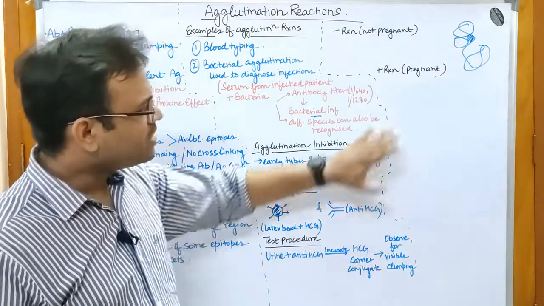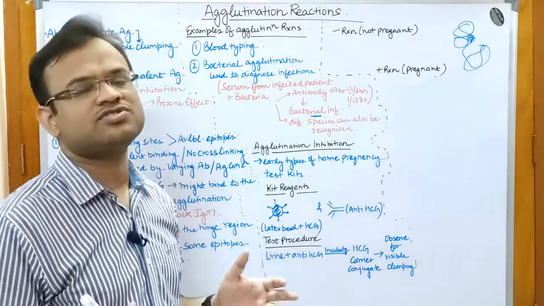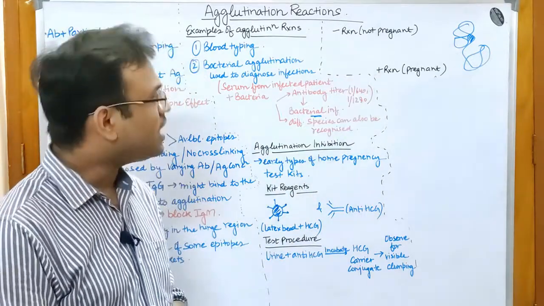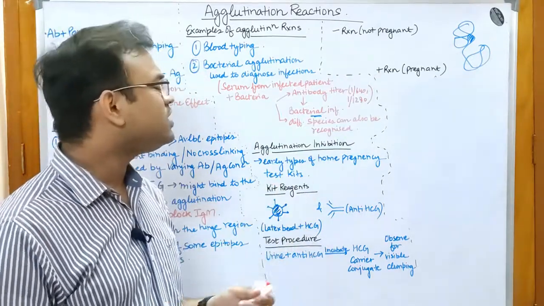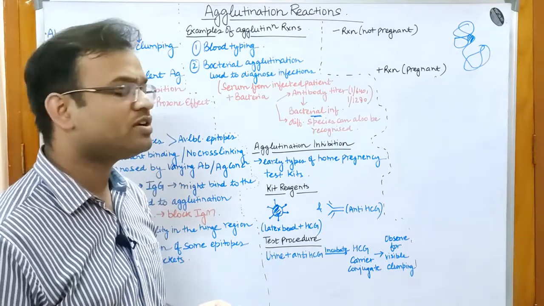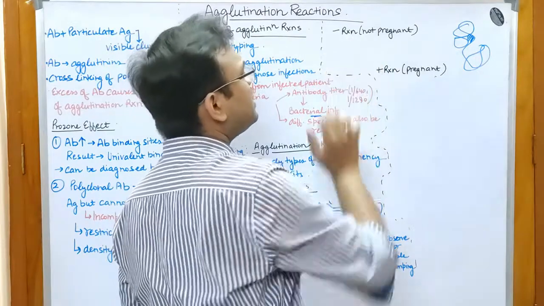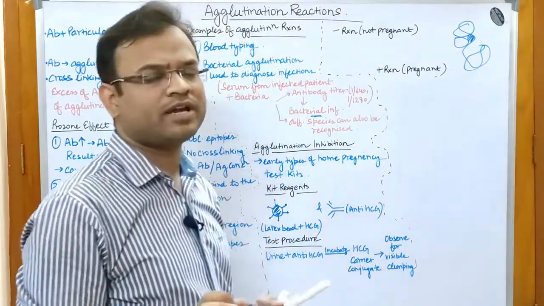Leave this, I am going to show you how this is checked. This is just the test procedure. I am going to show you how this agglutination inhibition helps us find whether a female is pregnant or not. Whenever there is a negative reaction, that means the female is not pregnant.